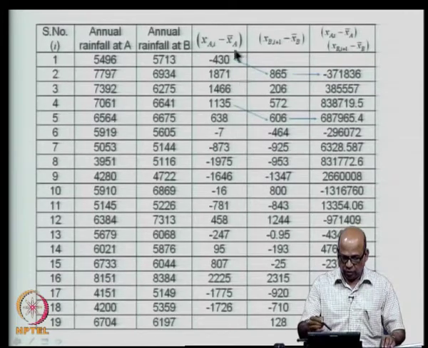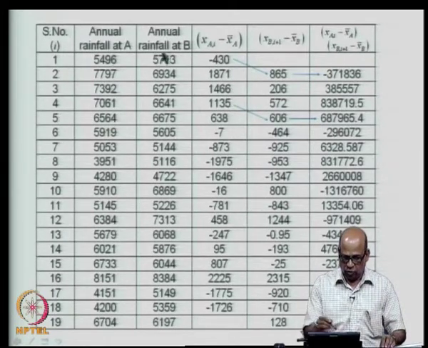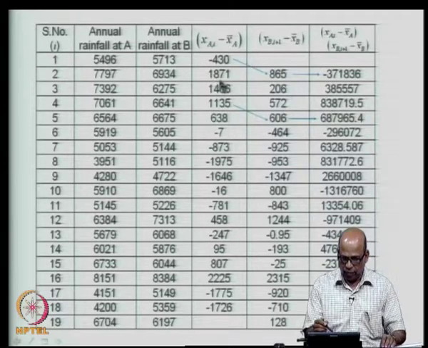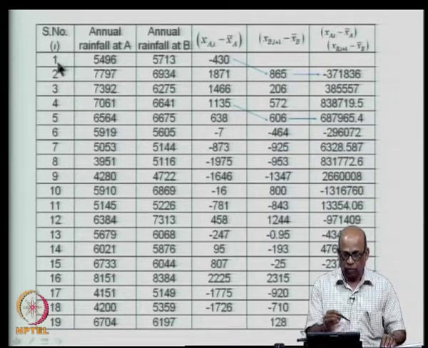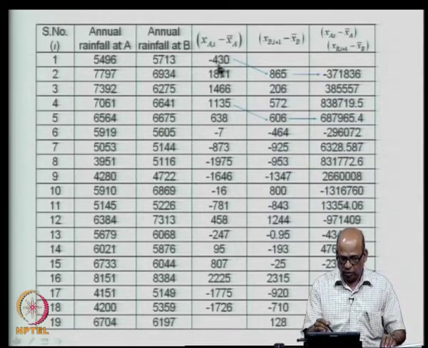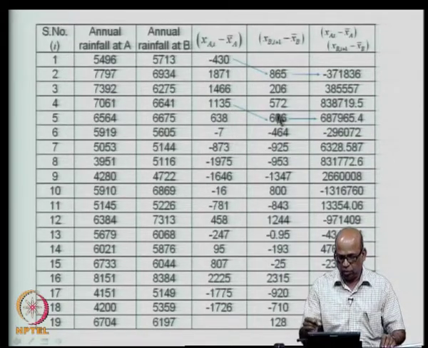Again, just understand that I will take I is equal to 1, and for I is equal to 1 I will use for rainfall at A the same value, and for rainfall at B I use the second value, because we are talking about lag 1 value here. Let us say we are talking about lag 4 value now. For this value I will take I is equal to 1 and next one I will take I is equal to 5. So, you are taking essentially I plus k.